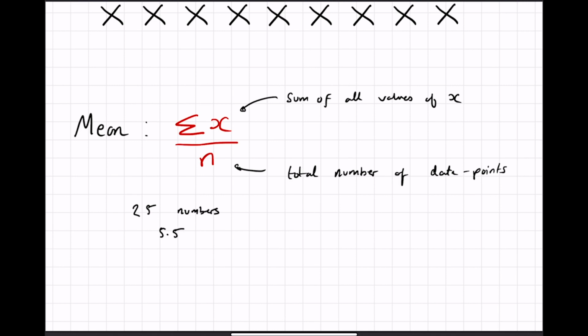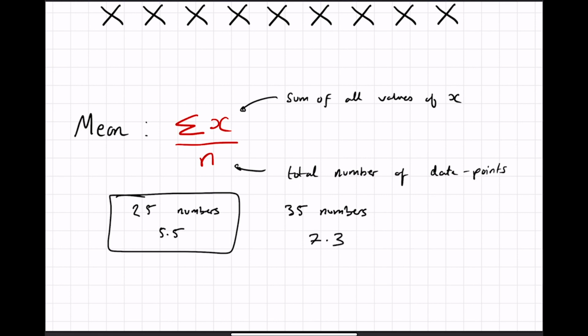And from another set of 35 numbers, I found that the average of these 35 numbers was 7.3. And then I put these two sets together. So now that I've got these numbers together, what is the new mean of both of these sets when I add them together? Let's think about what this really means for a second.